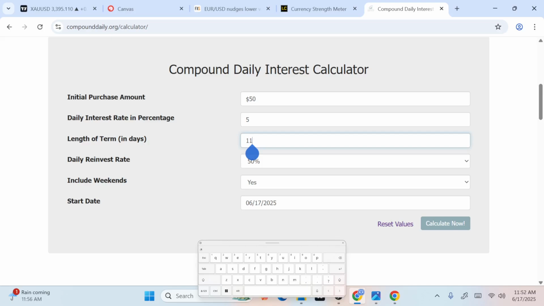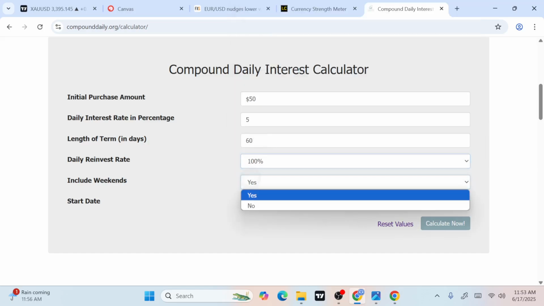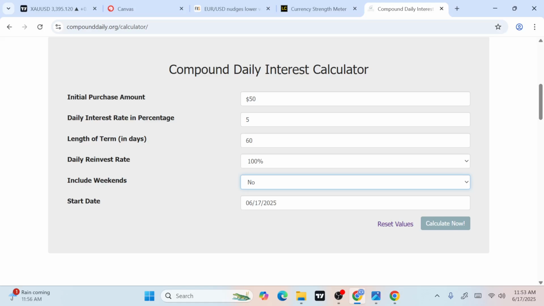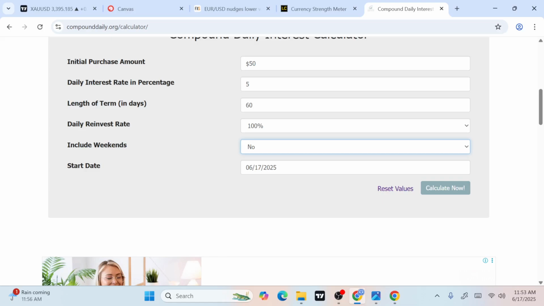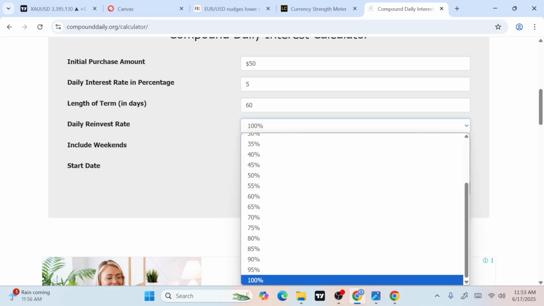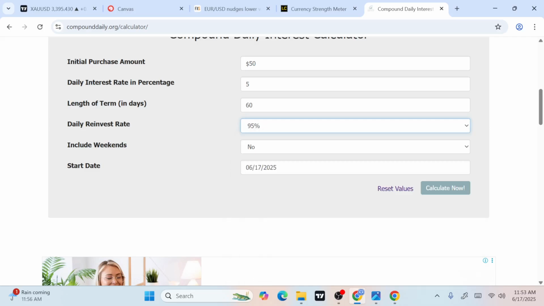The daily invest rate is 100%, which means you are still putting everything in the market without withdrawing at all.